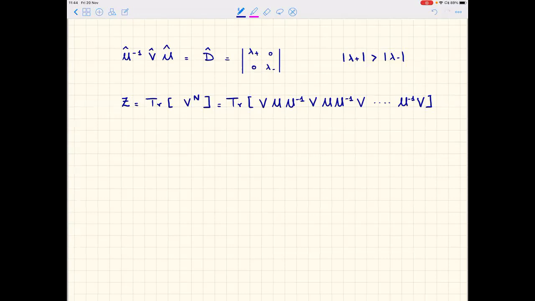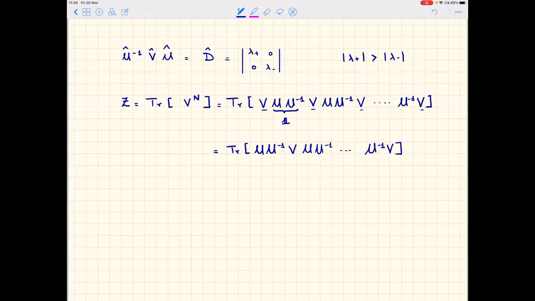Because these are N V's, and in between each one of them I put a resolution of the identity, which by definition is U times U minus 1. Now, I can also put a resolution of the identity in front of everything: U minus 1, V, U minus 1, etc., U minus 1, V.